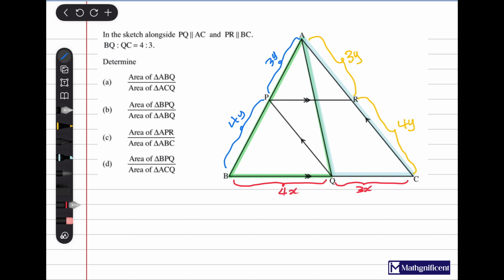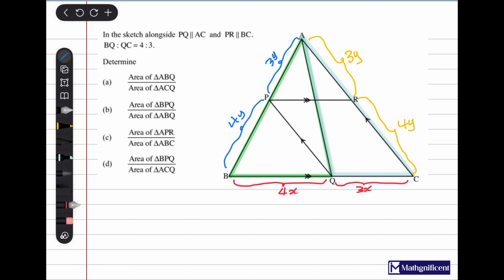So if we know that we have two triangles that are sharing a vertex, the ratio of their areas is going to be equal to the ratio of their bases. That's what we know.